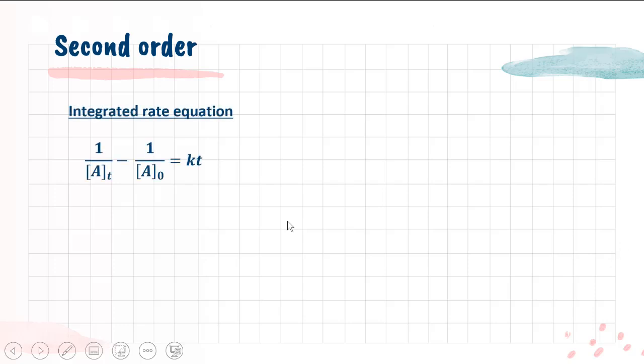The integrated rate law for second order is 1 over the concentration at time t minus 1 over the concentration at time 0 equals kt. Rearranging so that we can plot the graph, it becomes 1 over [A]t equals kt plus 1 over [A]0, the initial concentration.